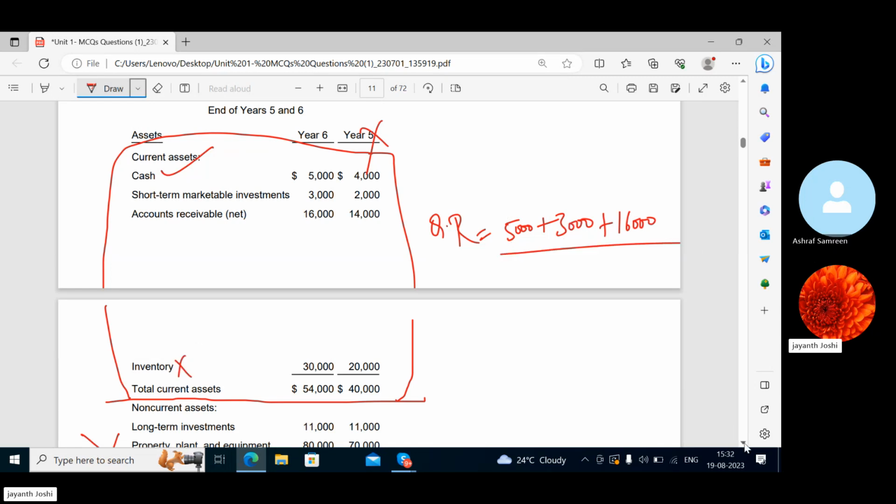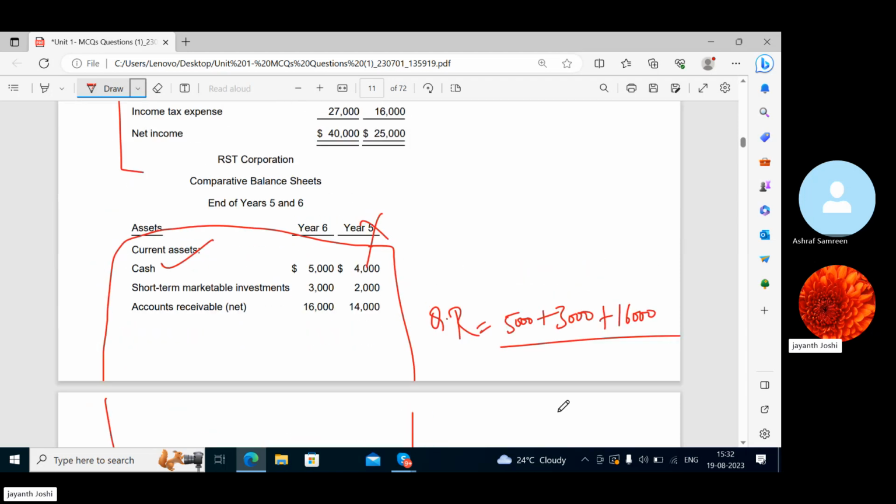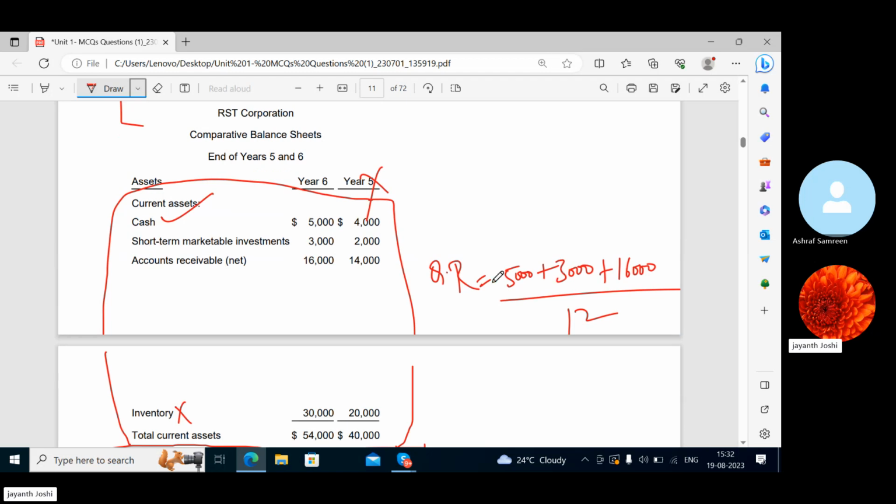And what about the current liabilities? We should not take inventory. Accounts payable and accrued payables, right? So 12,000 I'll be taking there. Now 16 plus 3, 19, 19 plus 5, 24. 24,000 by 12,000, so 2:1 is the ratio, right? So we have option B for this. Hence we have done this question.